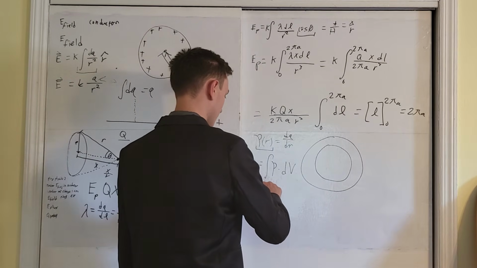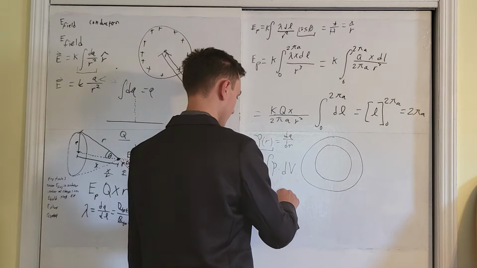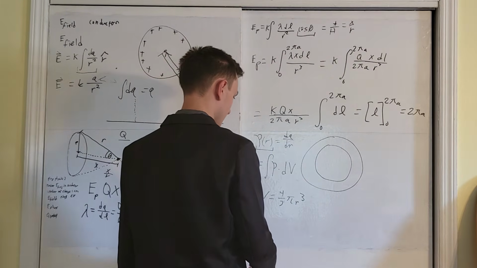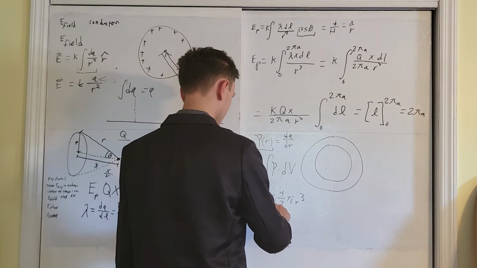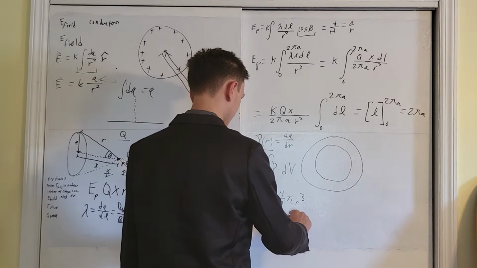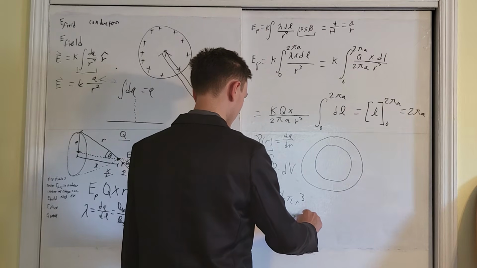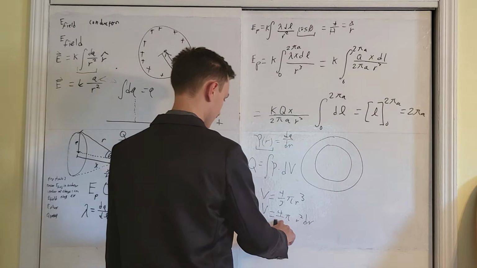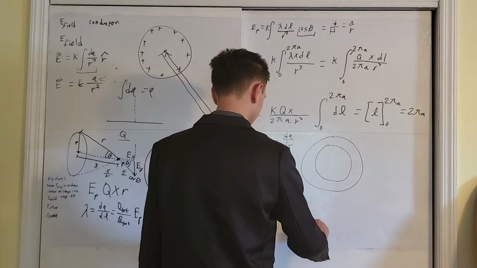First, we need to recall that the volume of a sphere is 4/3 pi r cubed. Therefore, if I were to differentiate this, the volume differential is 4/3 pi times 3r squared dr. These 3's cancel out, and we're left with 4 pi r squared dr. All right?